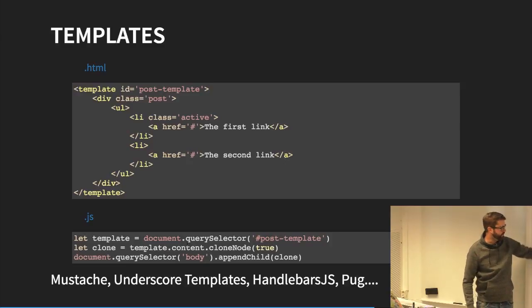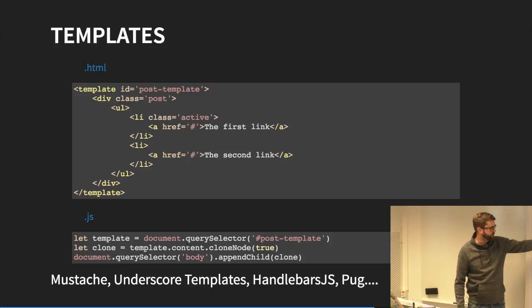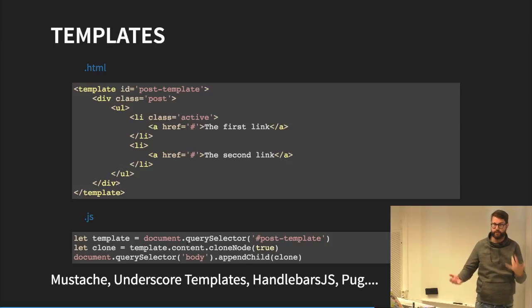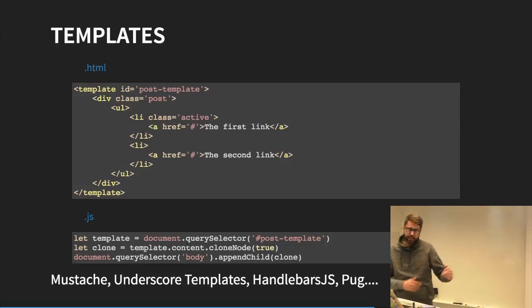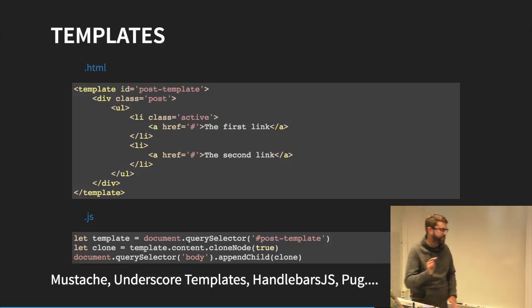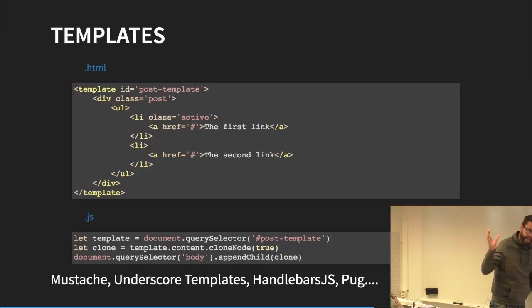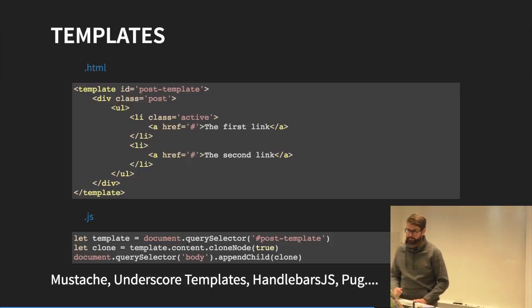So I will need to do a lot of creating posts. Then I could write this in HTML and connect the CSS to the class active and all of that, just like normal HTML. But instead of just adding it to the HTML, I add it inside of a template element.